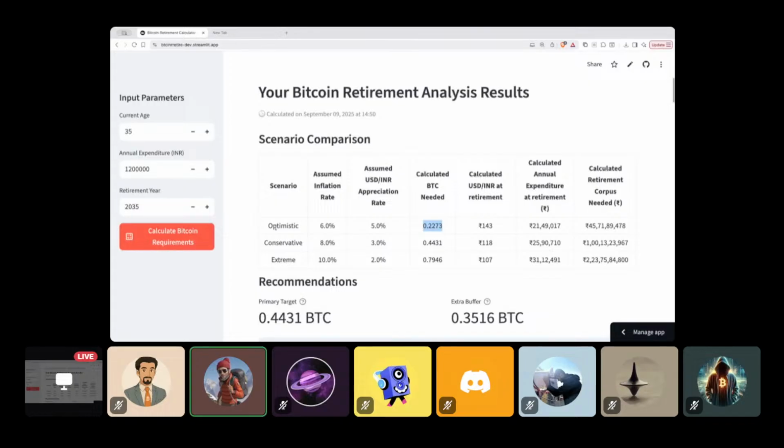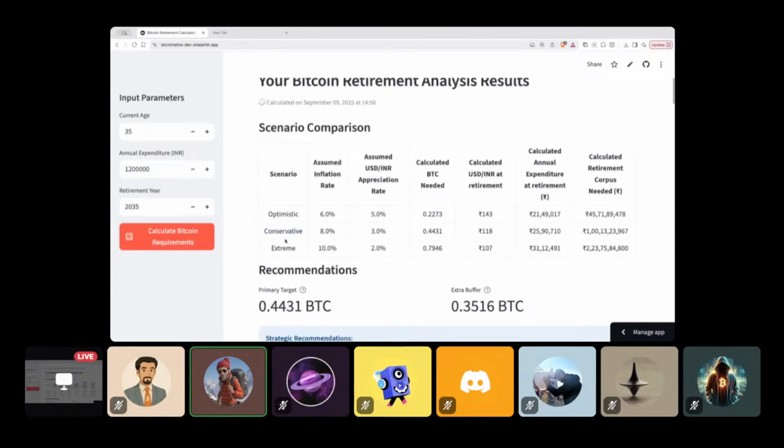annual expenditure. Similarly, you have this conservative case. The assumption there is 8% inflation and 3% depreciation. You will need slightly more BTC if this is the case that you want to plan for. And the extreme case is 10% inflation throughout, starting from now, and very low INR depreciation.